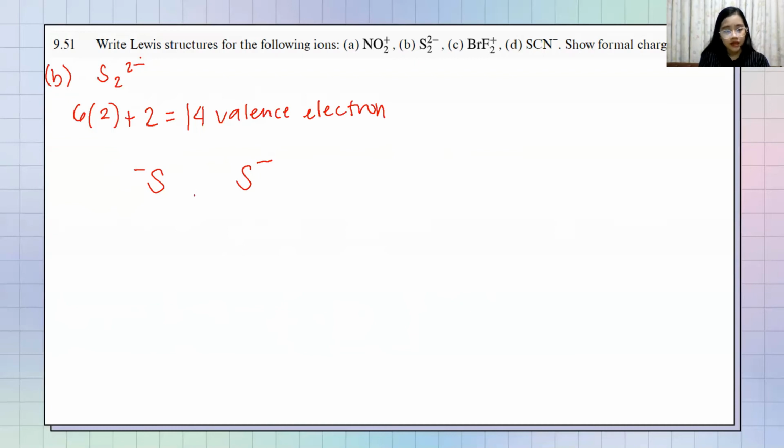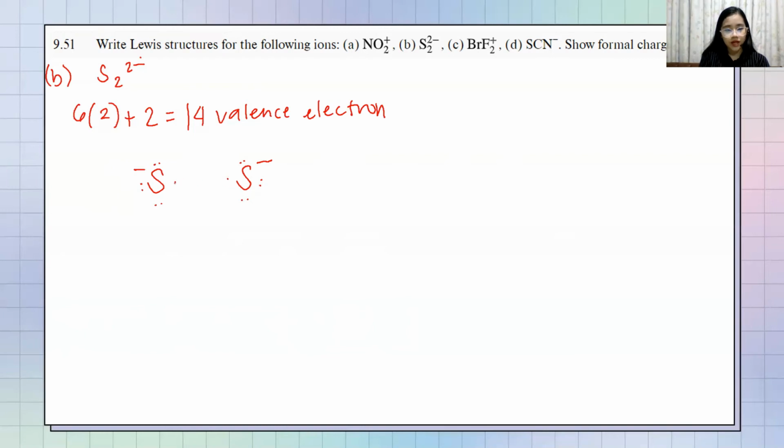So since S or sulfur has 6 valence electrons, we put here 1, 2, 3, 4, 5, 6. And since we have here a negative charge, we add another electron. Same goes here. 1, 2, 3, 4, 5, 6, 7.